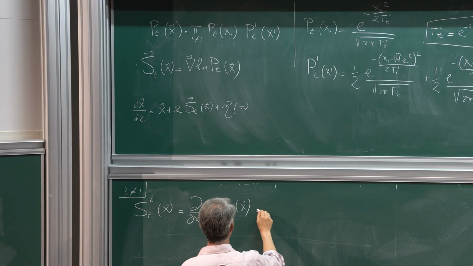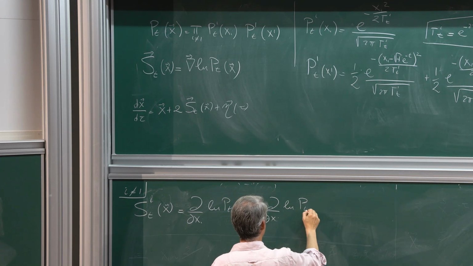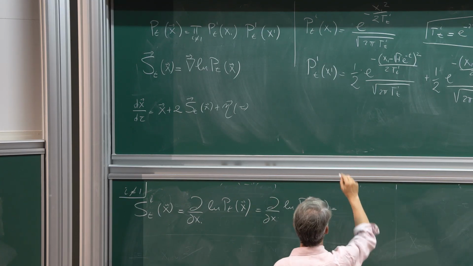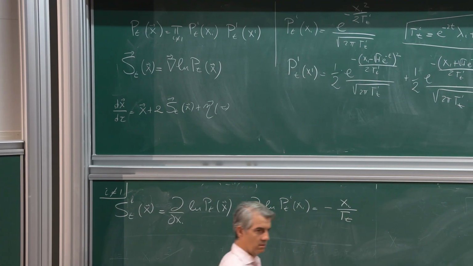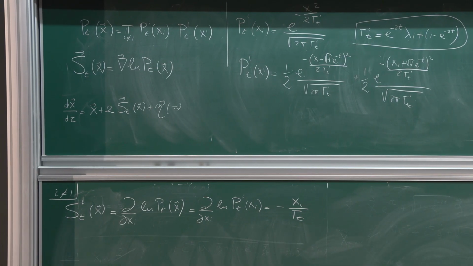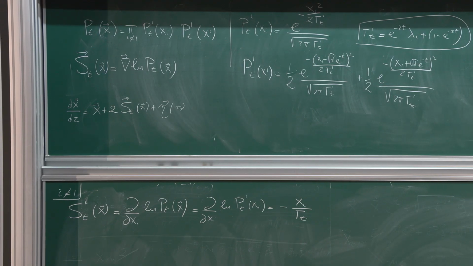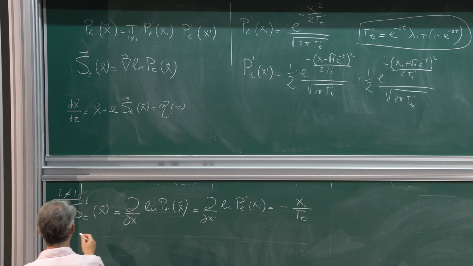So what we get is just the derivative with respect to xi of log of pt i of xi, which is just equal to minus xi divided by gamma t. Of course, here everything is super simple. Even in the backward process, the x are not talking to each other. In general, it's not the case, and even if we complicate the model a little bit, it will not be the case. Okay, so this is for i different from 1.